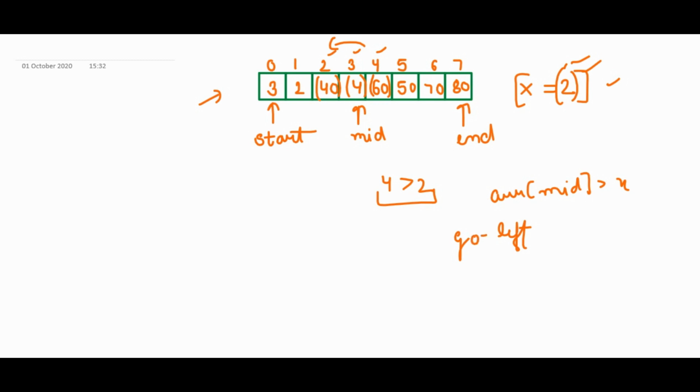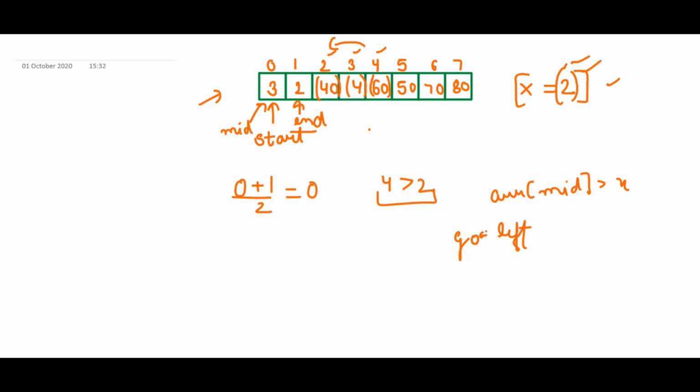Go left. Okay. So for going left, we have to point our end to mid minus 2. That means now our end will point to mid minus 2 and we have to find our new mid. That will be 0 plus 1 by 2, which is equal to 0. So our new mid will be the 0th element. Okay. Now the same thing will happen.